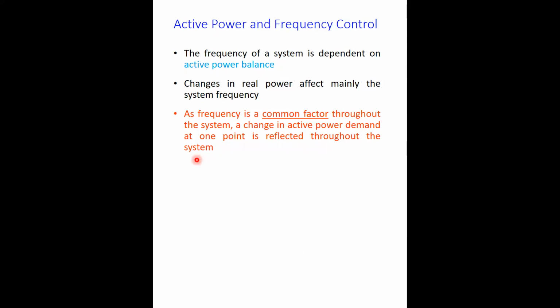So if there is a mismatch of generation and demand, it could be at one location, but it will be reflected in the entire system. Any mismatch at a local point or in a given area will be reflected in the form of frequency deviation throughout the system.